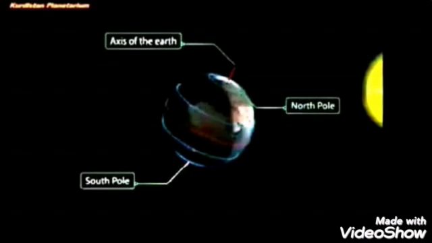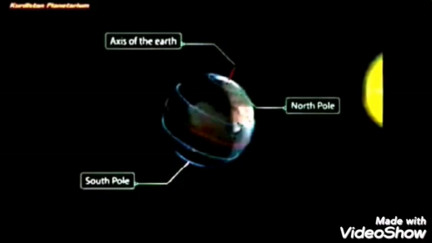The Earth's axis is an imaginary line that runs directly through the center of the Earth from the North Pole to the South Pole. Children, this thing you can easily see in this picture. See this picture of Earth, this vertical line is directly running through the center of the earth from the North Pole to the South Pole.